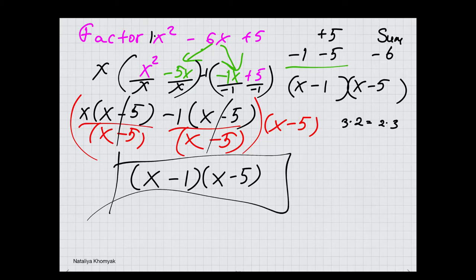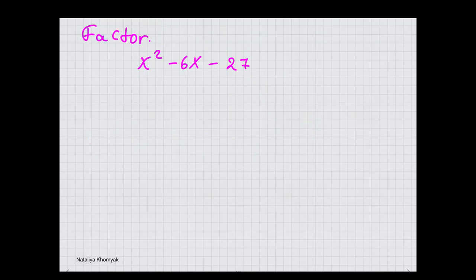But remember, it only works if the leading coefficient is 1. So here we have leading coefficient 1. So I just need to take the last number, which is negative 27. Since it's negative, I'm going to look for a difference.